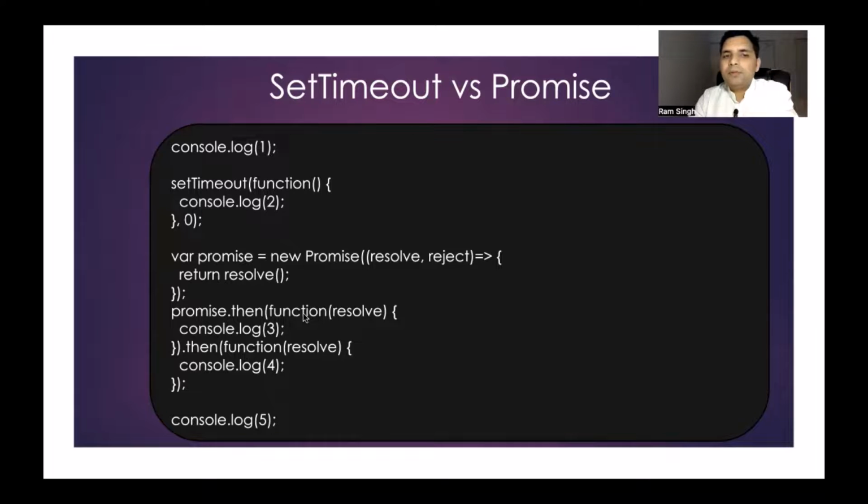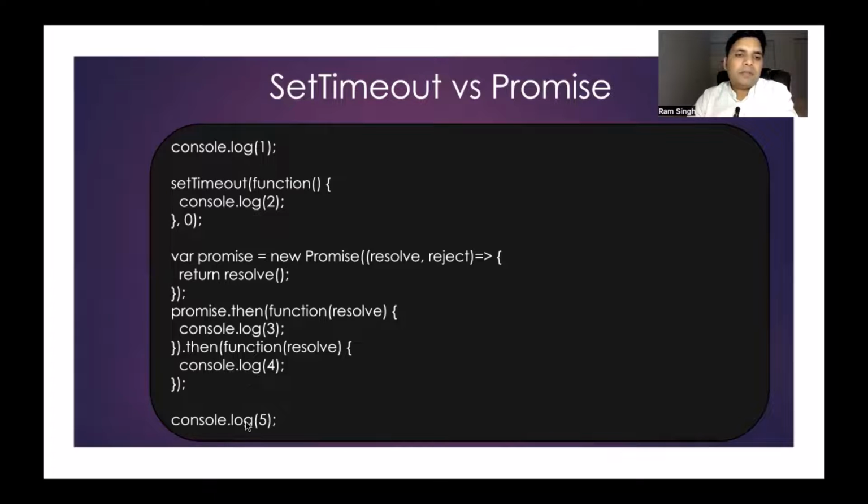So it will be pushed inside the web API and immediately pushed into the Microtask queue. Now we have two callbacks for the promise, so the two callbacks will be pushed inside the Microtask queue.